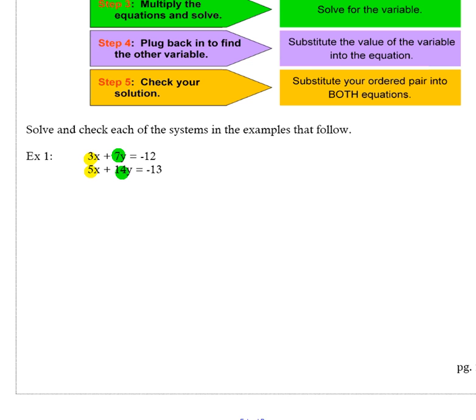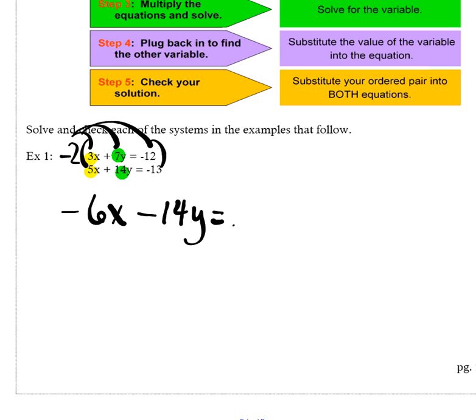And what I'm going to choose to do is multiply through this equation by a negative 2. So what I get is negative 6x minus 14y equals 24.